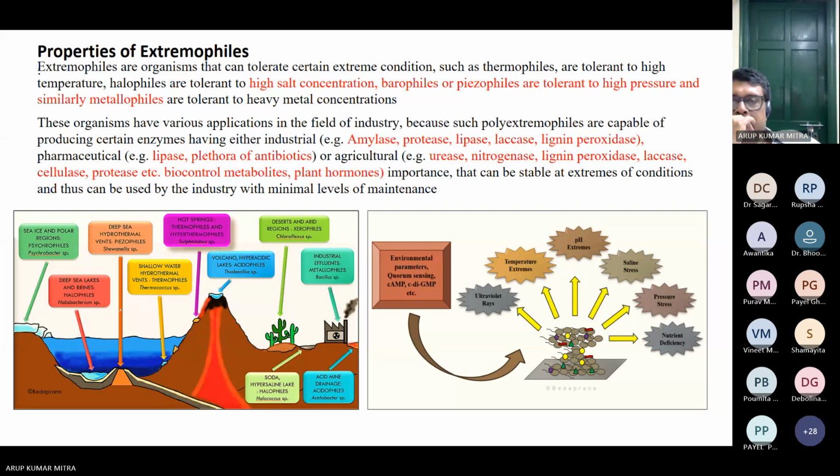Finally, they have the common PGPB abilities: nitrogen fixation, and phosphate and potassium solubilizing activity. Apart from that, most of them have a unique ability to produce extracellular polysaccharide, which enables quorum sensing, and they have prolonged cAMP activities and c-di-GMP. These are very common parameters found in these bacteria.